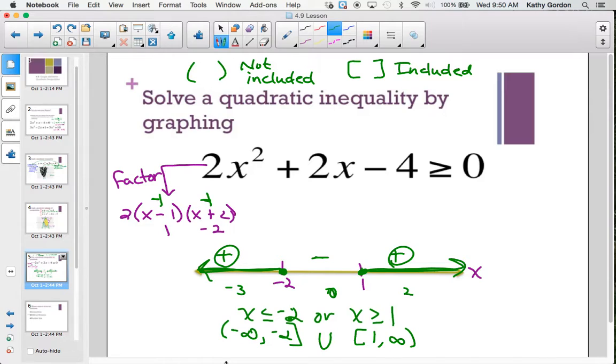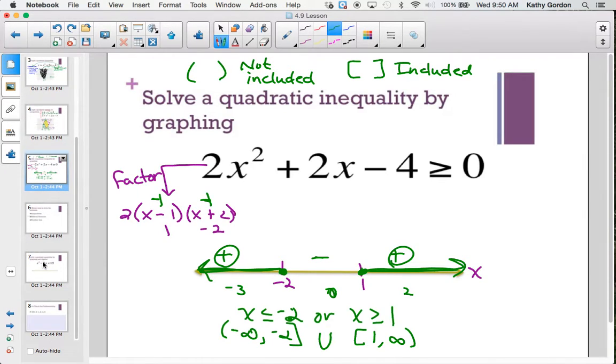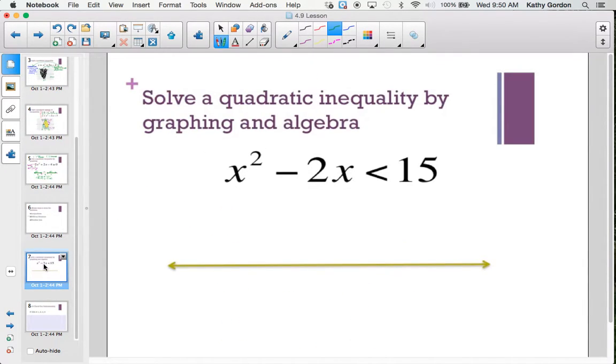Any other questions on those? Yep. For the not included part, would it just be parentheses, comma, 1, parentheses? Would it be just like that?